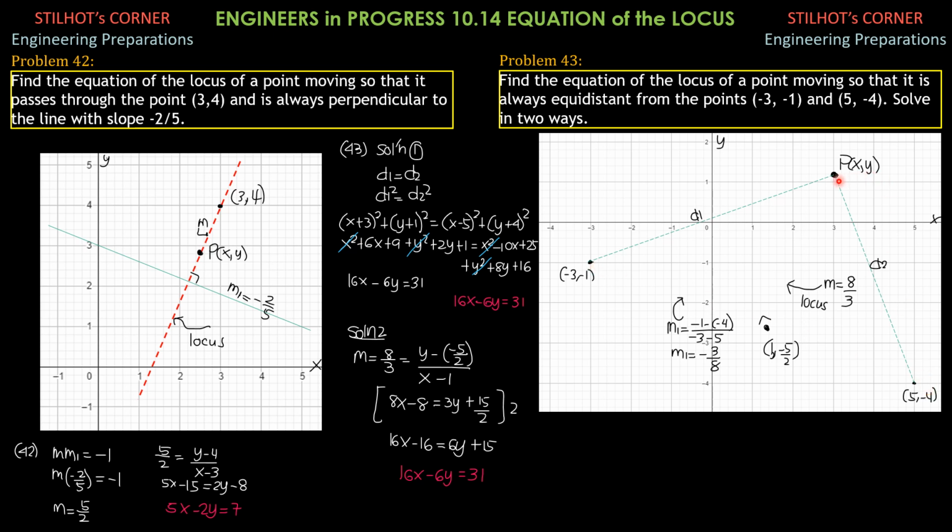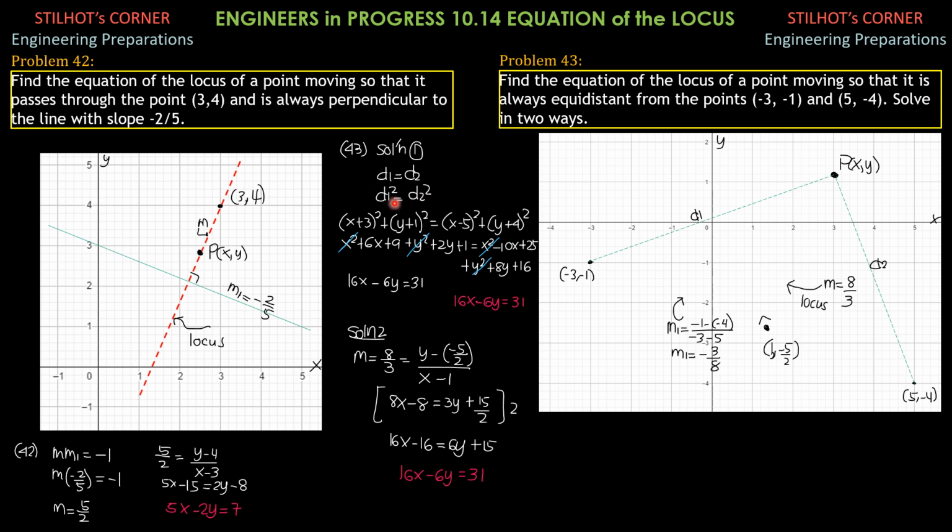The distance from this moving point to the first point is d sub 1, and to the second point is d sub 2, and based on this statement here, d sub 1 equals d sub 2. So we begin with d sub 1 equals d sub 2.